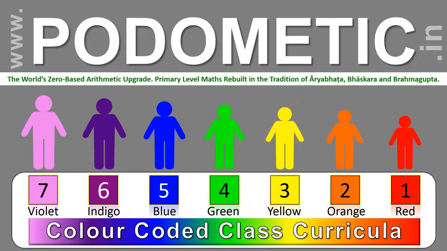And as it happens, I am wearing red. So if you read the fine print underneath where it has Podometic at the top, it says the world's zero-based arithmetic upgrade, and it's a primary level maths rebuilt in the tradition of Aryabhata, Bhaskara and Brahmagupta.